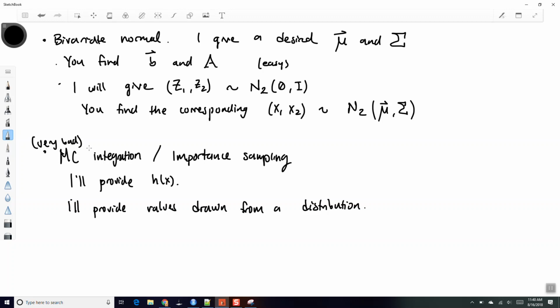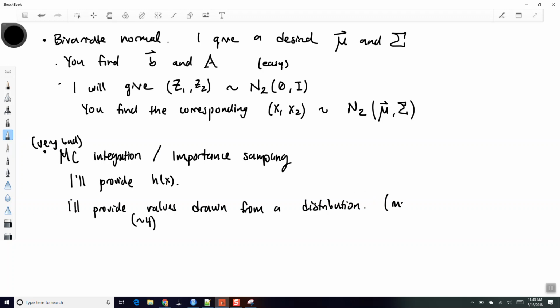Because when we do integration, you normally ask the computer to do like 1,000,000 random values. I'll provide values drawn from a distribution, but I'll probably give you like 4 values, right? Because I don't want you to have to do 1,000,000. I'll give you maybe 4 values drawn from some distribution, okay? And I'll decide whether it's Monte Carlo integration or importance sampling.